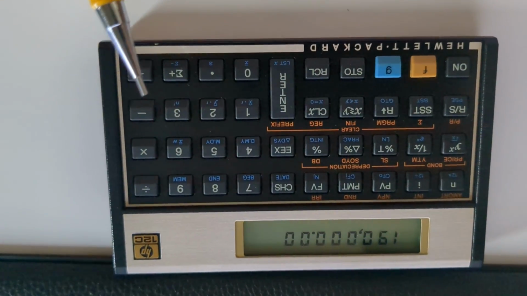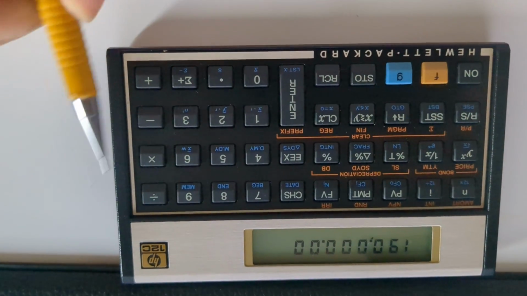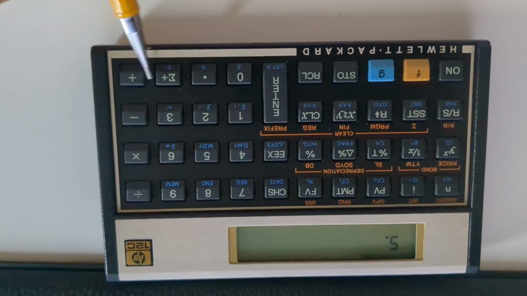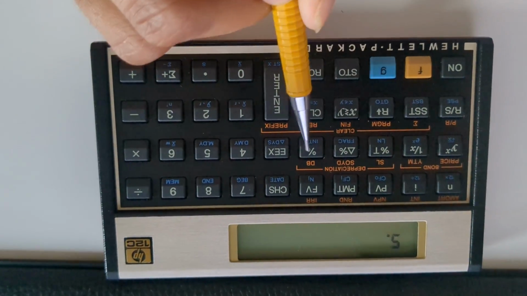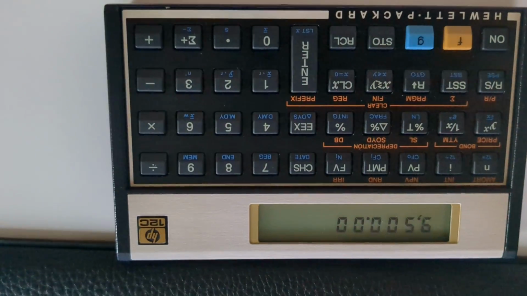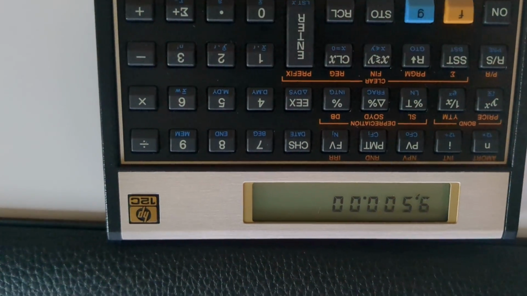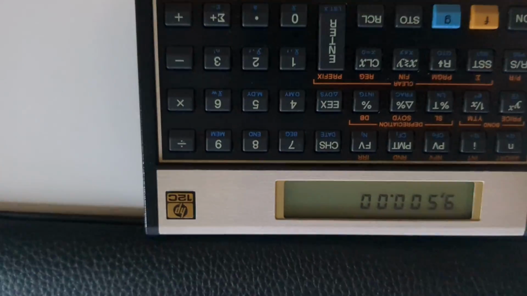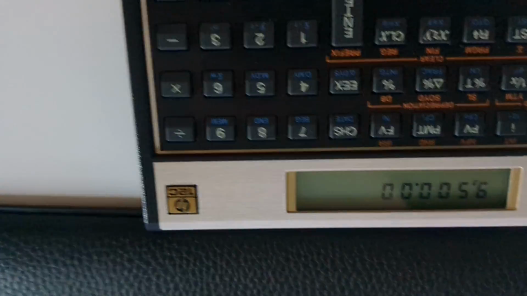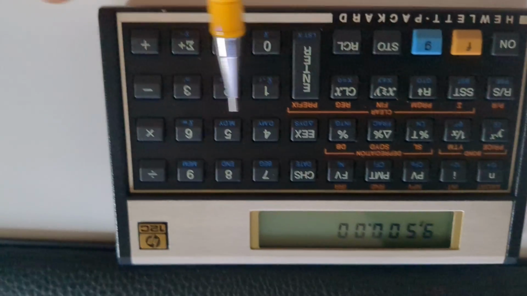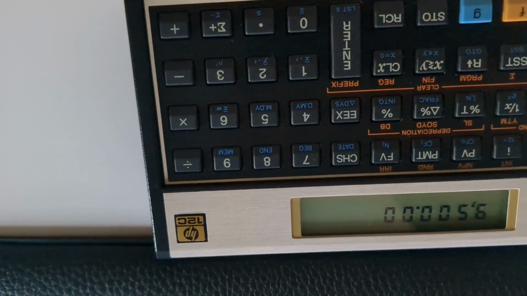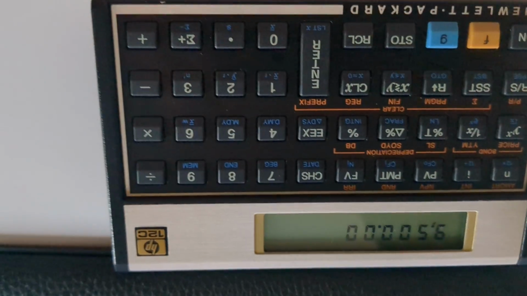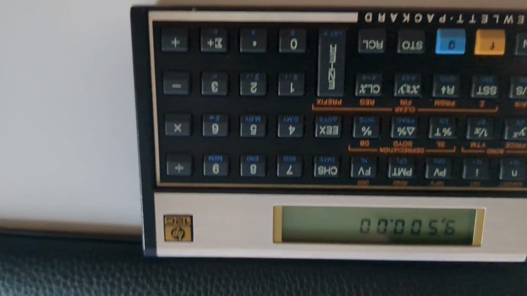Then I press enter, and the 5%, I press 5, then I press percentage. So that gives us the cost of how much the seller is paying towards the buyer's cost, and that is 9,500. So to get the net amount, we would have to deduct this amount from the price the house is selling for.